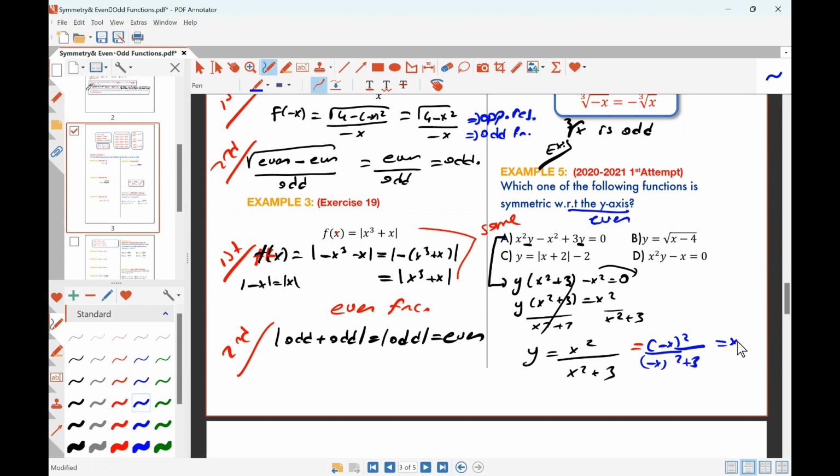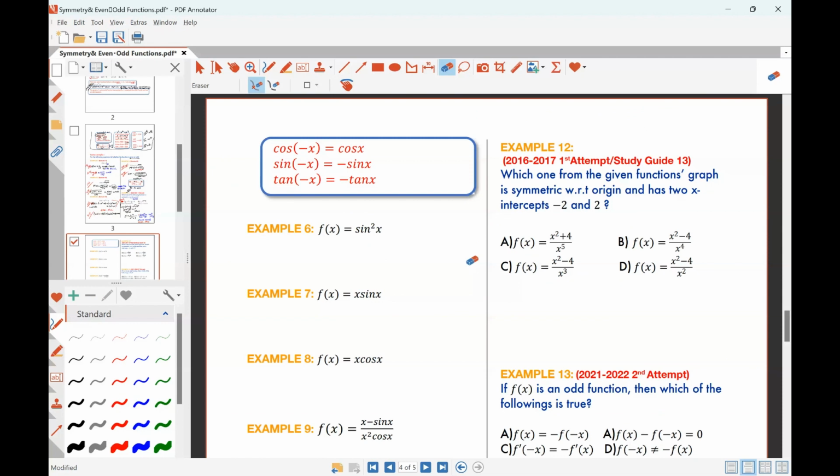Negative x squared is positive x squared. Negative x squared is positive x squared. So I see the same result, meaning even function. If the function is even, it is symmetric with respect to y-axis. So option A is true.